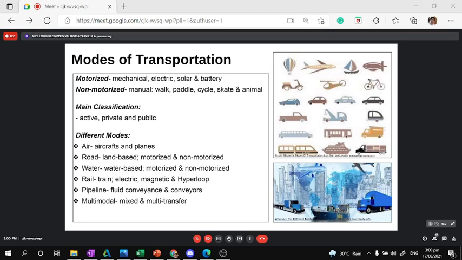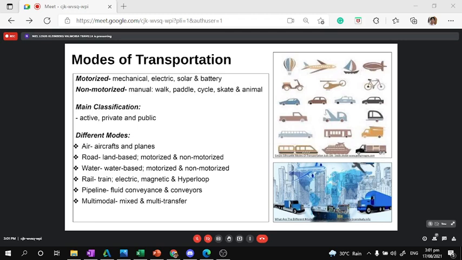Because it's non-motorized. Private and public are actually motorized forms. Private because it's not for general usage of the community, but rather by ownership of the car with a license. But public is those which are run by the government or maybe an operator that is serving the public community through the government's permission for franchise.